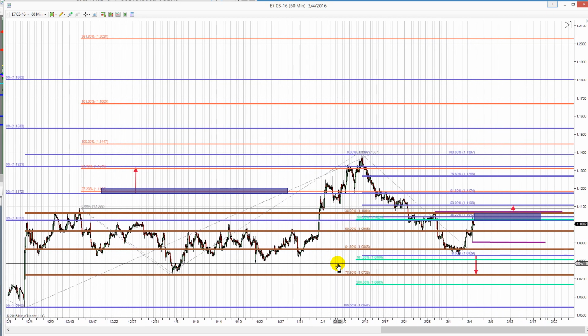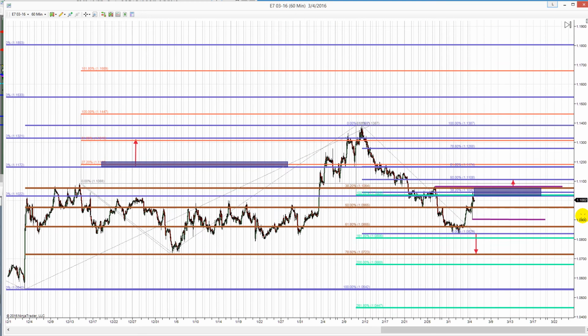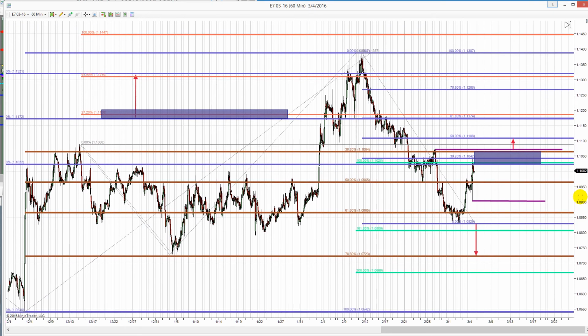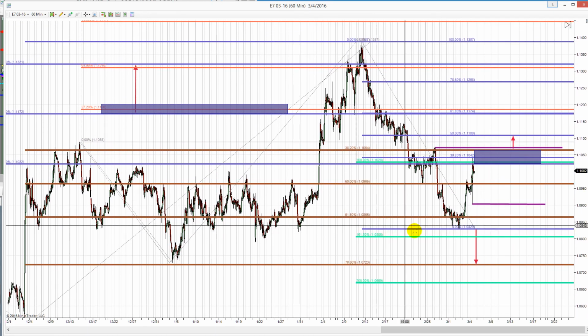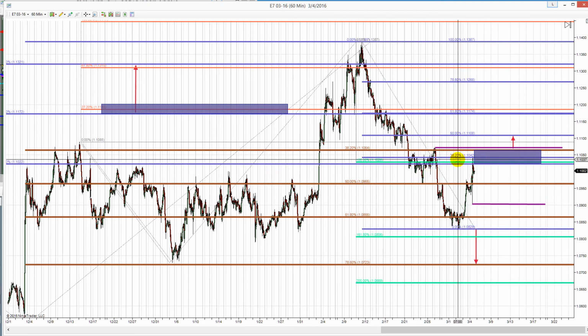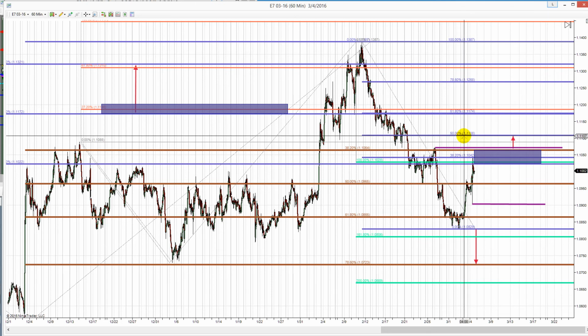and let's make it bigger, stretch it, and okay, so high, low. First level is right here, second level is right here, third level is right here.